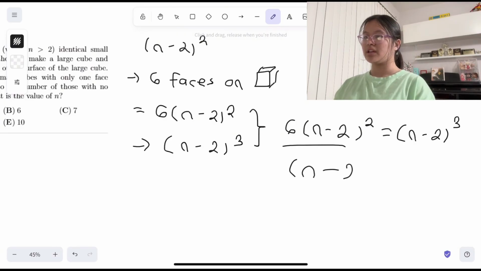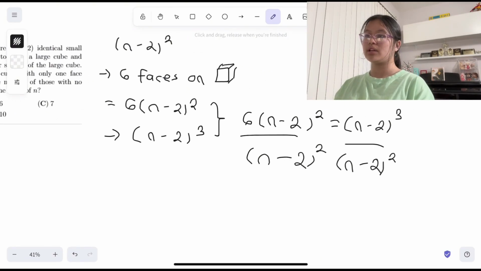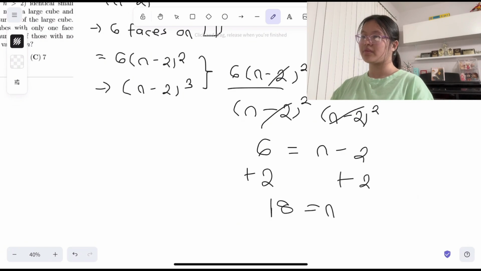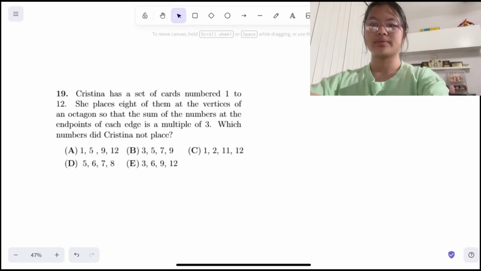Okay, so we can divide each side by n minus 2 squared. We get 6 equals n minus 2, and to get n by itself, we add 2 on both sides. So now n equals 8. Our answer would be D, which is 8.